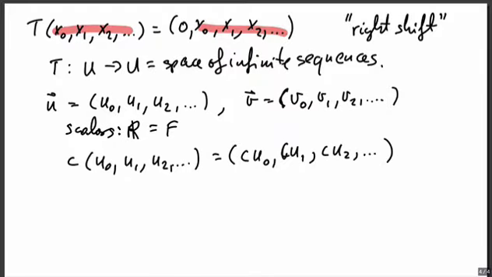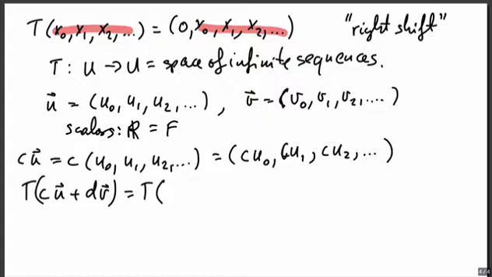And then for linearity, to show it in one step with cu plus dv, first of all, we have to write down what this cu plus dv is. I already wrote down what cu is here. So that would be term by term, or entry by entry, multiplication. Then we have the dv vector.